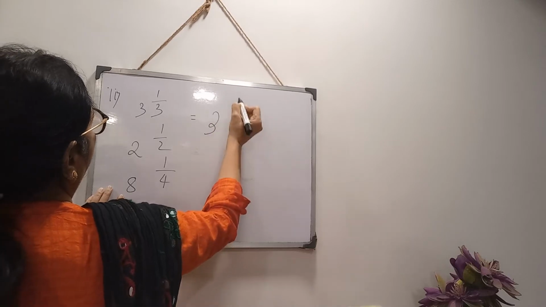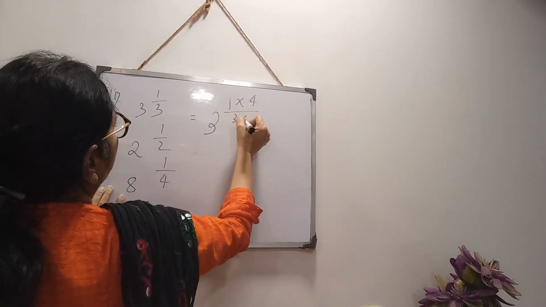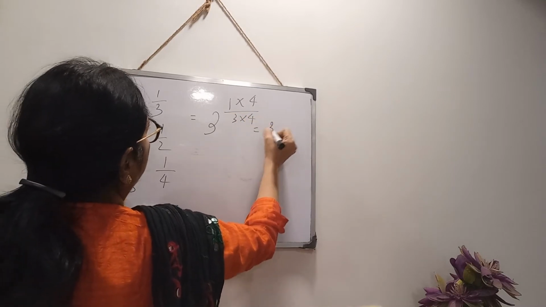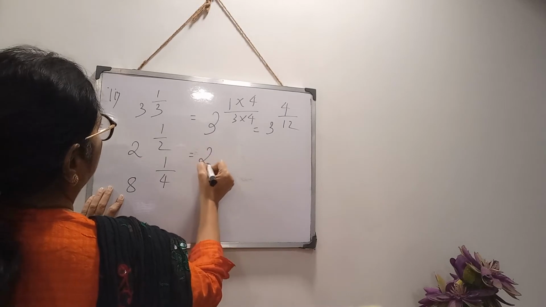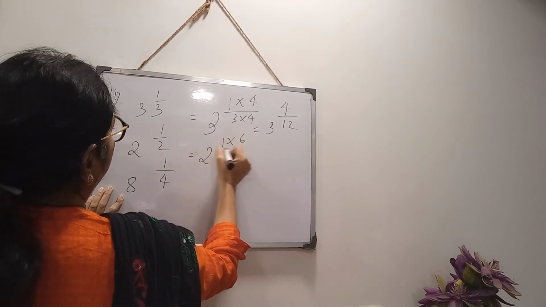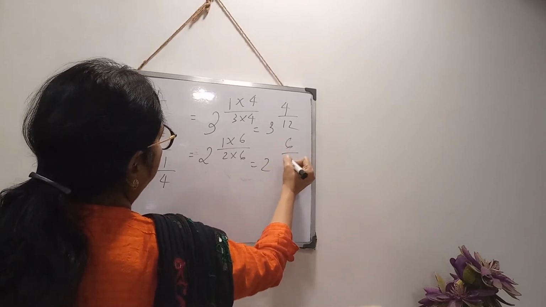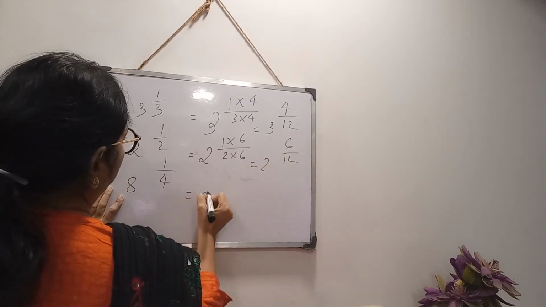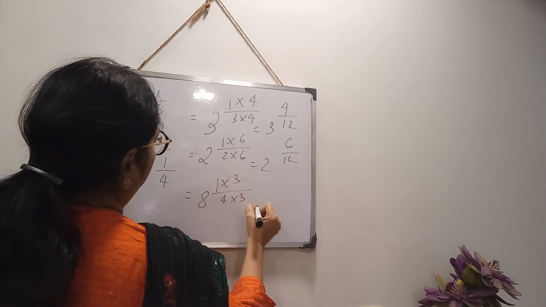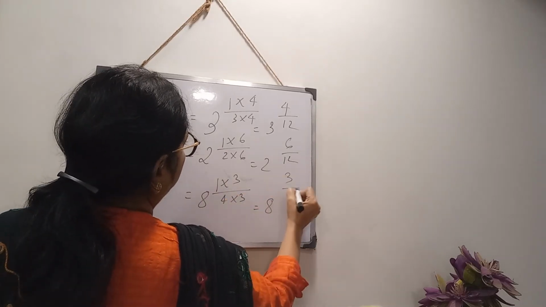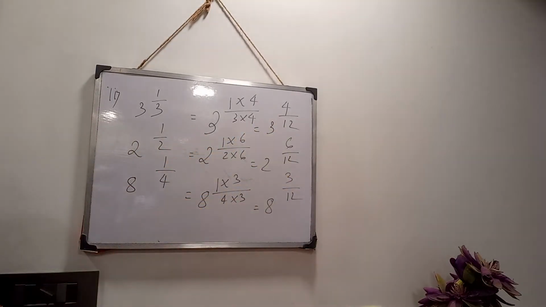So we have to make 12. 3 into 4, so it is coming 3 to the power 4 by 12. Here 1 into 6 by 2 into 6, 2 to the power 6 by 12. Then 8 to the power 1 into 3 by 4 into 3, 8 to the power 3 by 12. Again all the denominators are same.